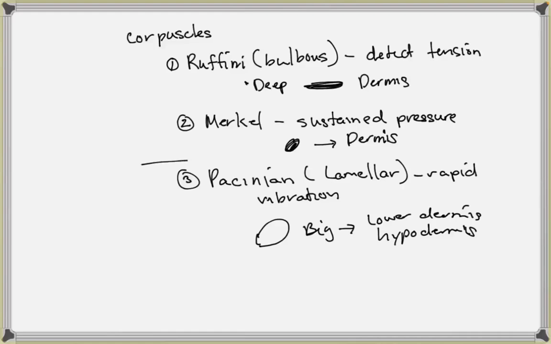Now you also have, besides Merkel, Meissner corpuscles, and these are very close to where you find the Merkel, and they're considered tactile corpuscles.